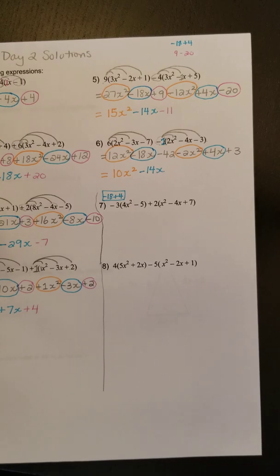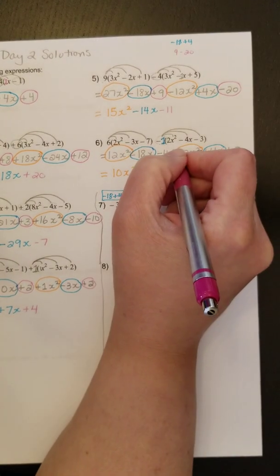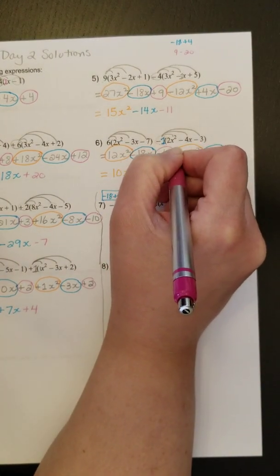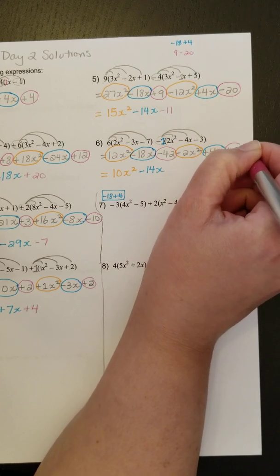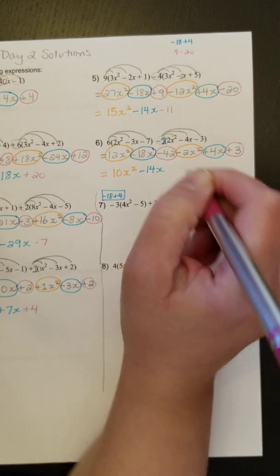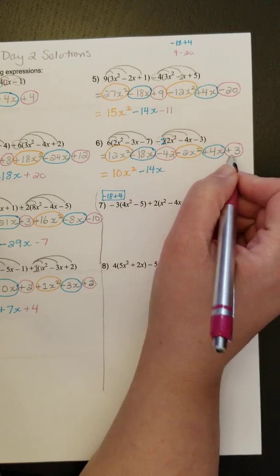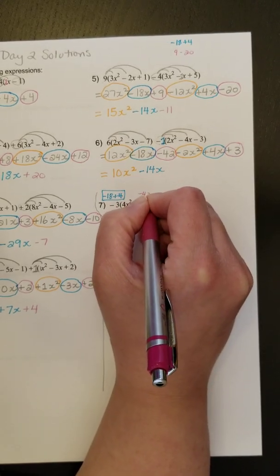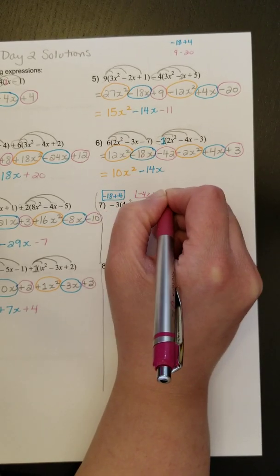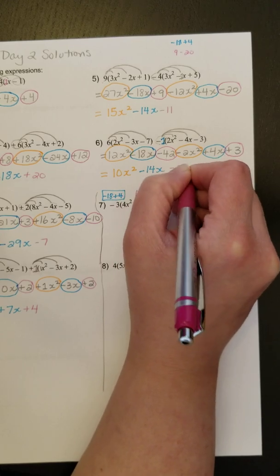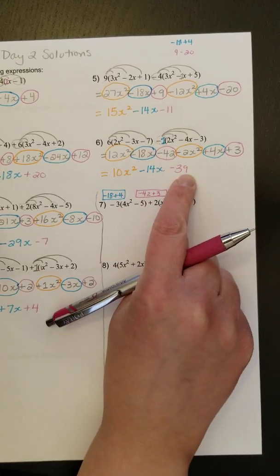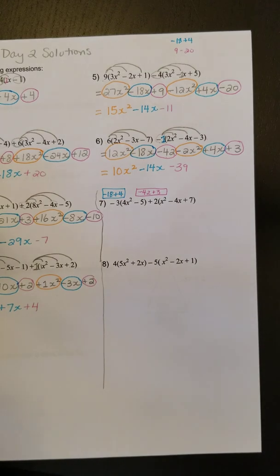And then we've got negative 42 plus 3. If you type that in your calculator, you get negative 39. So that's the sign that goes with the 39. Negative 39 is just the same as minus 39.